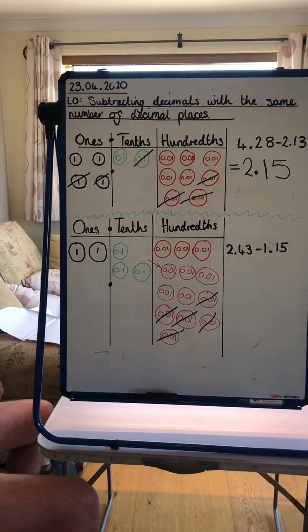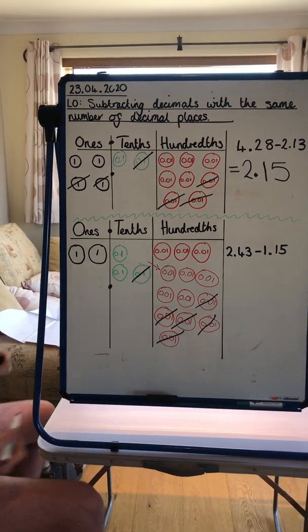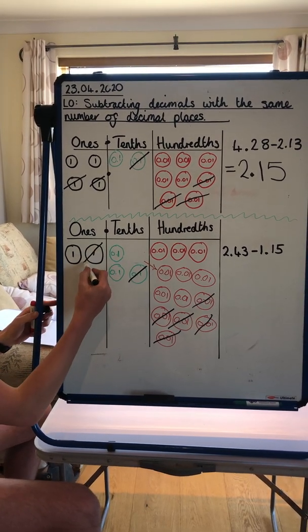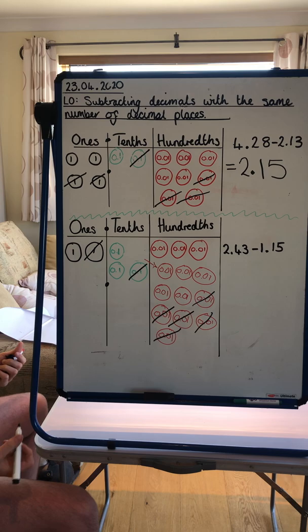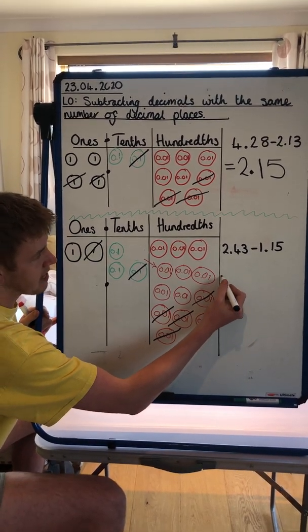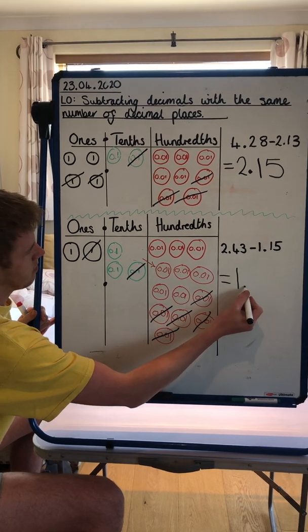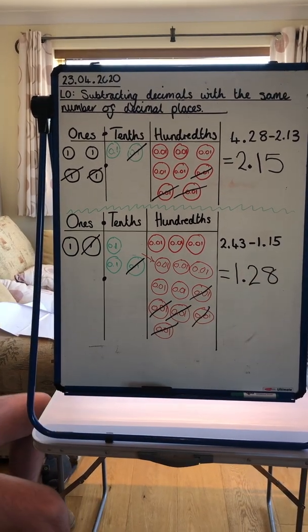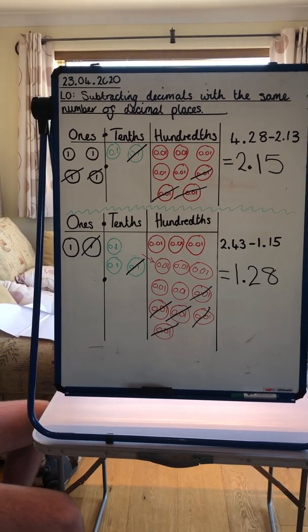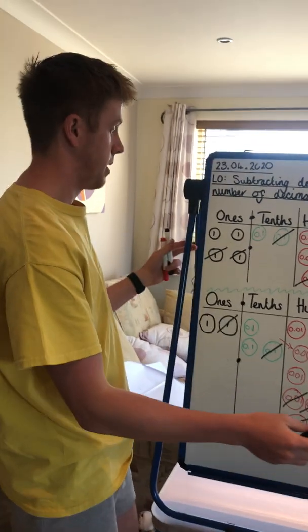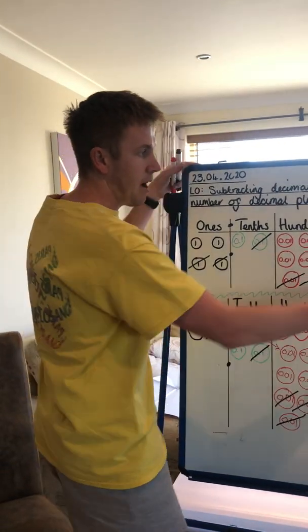Take away 1 tenth, so that's going to equal 2 tenths. And then 2 ones, take away 1 is 1. So our answer to 2.43 take away 1.15 is 1.28.